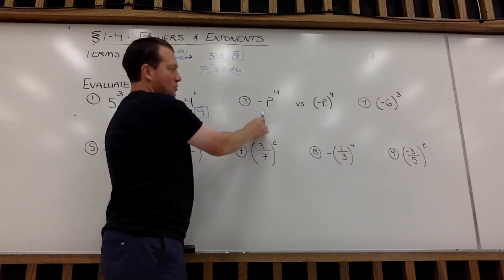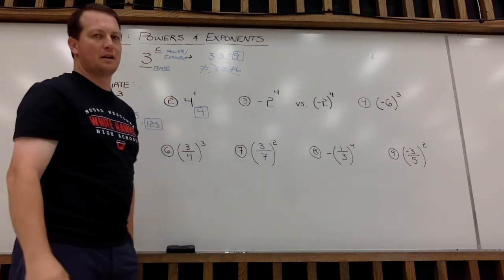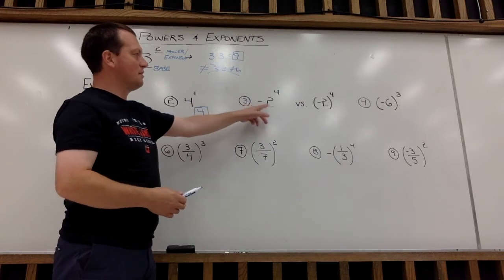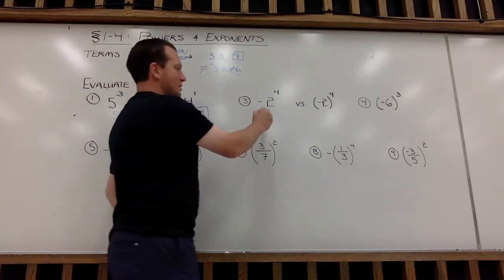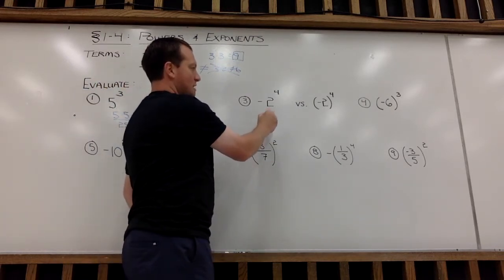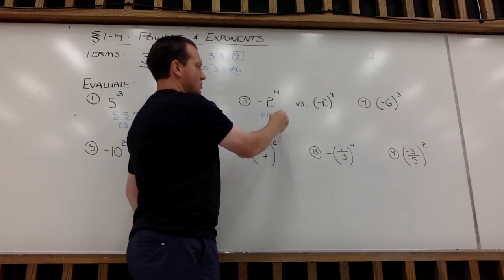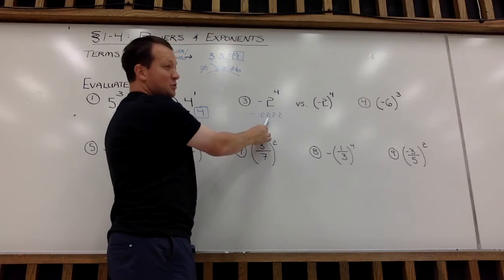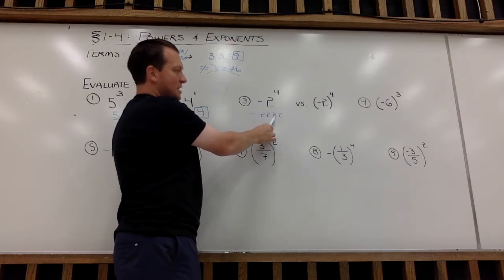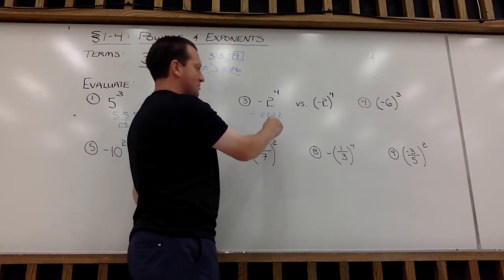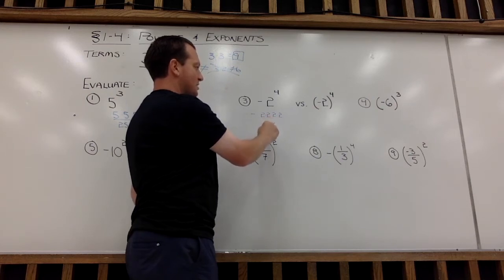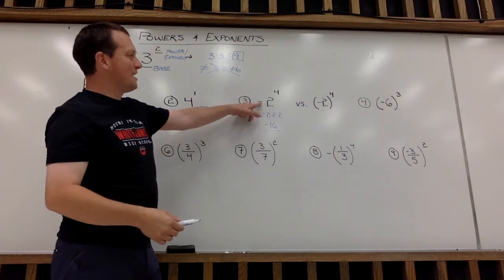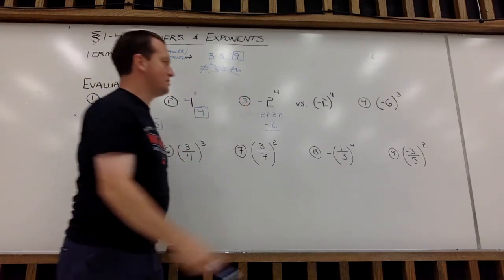It is going to float on down to the final answer. So what I'm doing mathematically is taking the opposite of 2 to the fourth power. So I'm going to take 2 to the fourth, 2 times 2 times 2 times 2, and then take its opposite. So 2 times 2 is 4, 4 times 2 is 8, 8 times 2 is 16, 16's opposite, negative 16. So that's my result when my minus sign is not in parentheses.